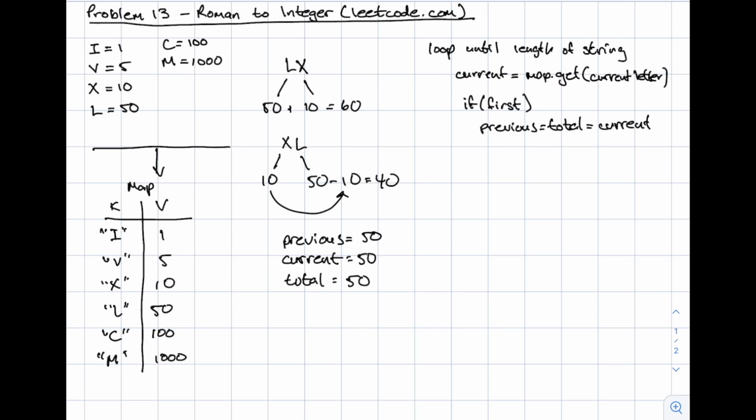So now we want to process the very next letter, which in this example is X. So now we want to add logic for dealing with this. Current is now going to go to 10. Now we have here that our current is less than our previous value.